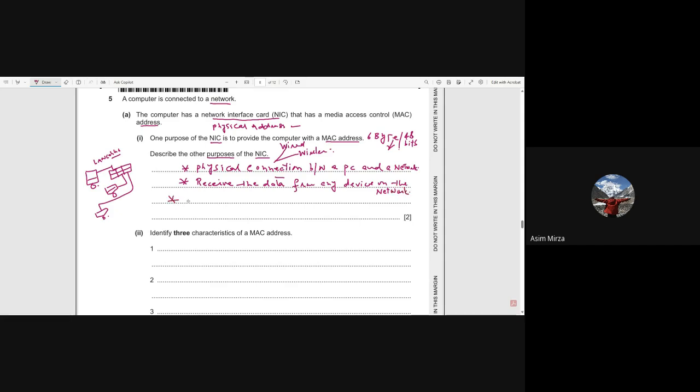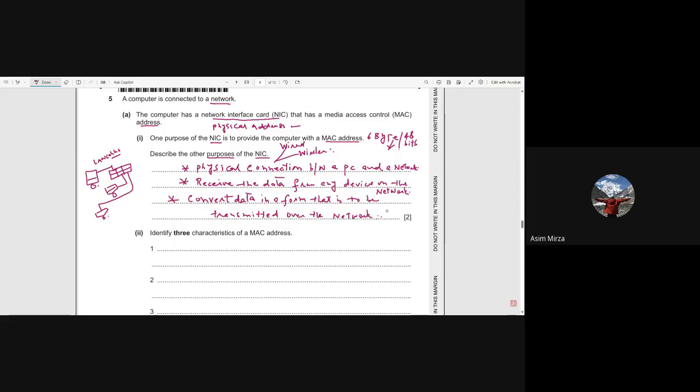Okay, number three. After receiving the data, then what happens? The NIC then converts the data in a form that is to be transmitted over the network.